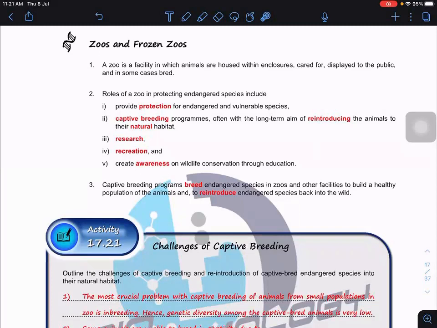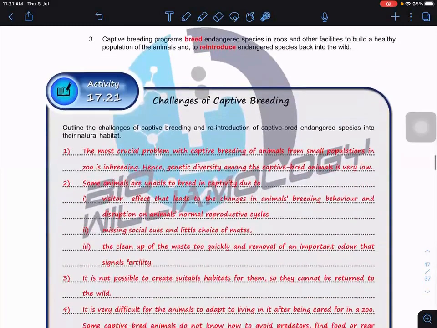So in captive breeding programs, they breed the endangered species in the zoo and other facilities to build a healthy population of animals, and we reintroduce these endangered species back to the wild. But what are the challenges? Highlight this. When you perform captive breeding, there are challenges, definitely. So what are the challenges?